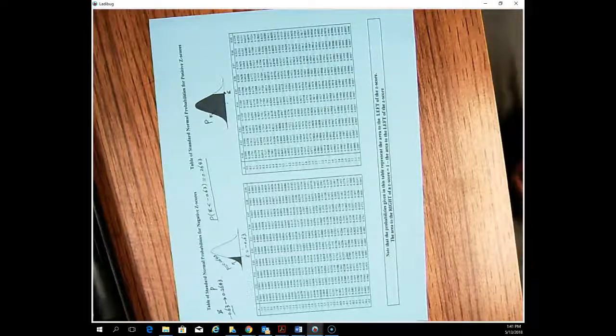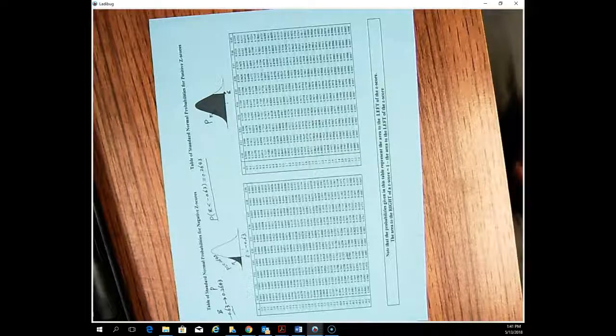You can only use that rule if the normal event is bounded by the 7 marks of a normal distribution, which are mu plus or minus 1 sigma, mu plus or minus 2 sigma, mu plus or minus 3 sigma. If a normal event is not bounded by those 7 marks, you're not able to use the empirical rule to find the probability anymore.